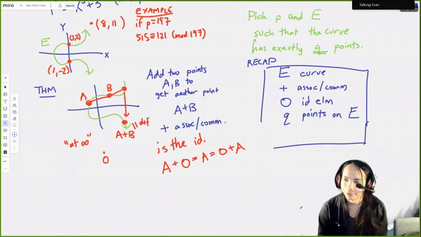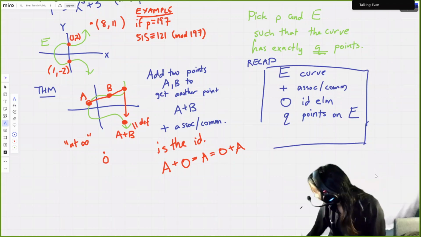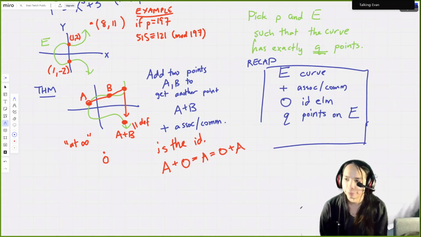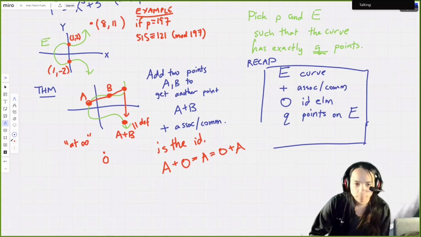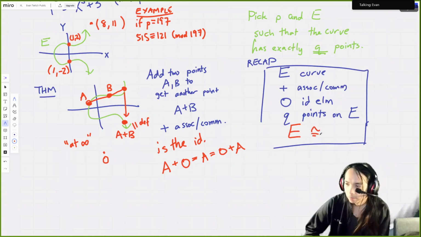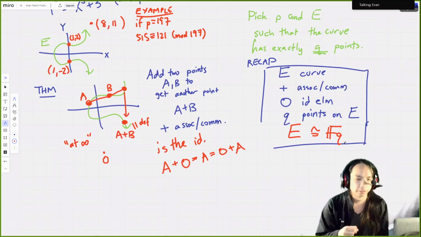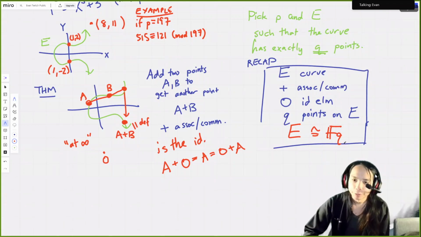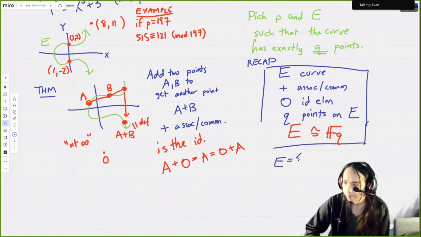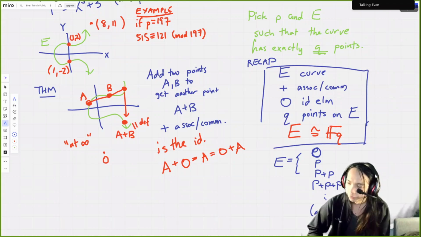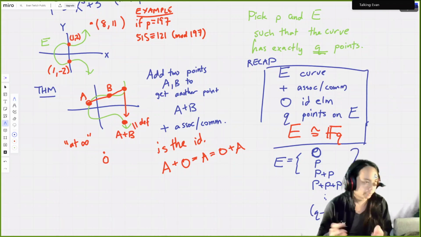And it turns out that the addition on the curve E basically coincides with integers mod Q. Meaning that if I take any point on the curve and add it to itself Q times, I go all the way back to the identity O. More explicitly, if I pick any point P other than O, you can imagine that E can be thought of as O first, and then P, P plus P, P plus P plus P, and so on, all the way up to Q minus 1 copies of the point P, and then the addition is exactly the way you think it is.